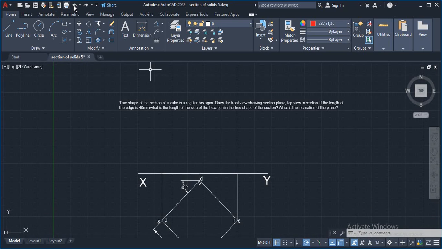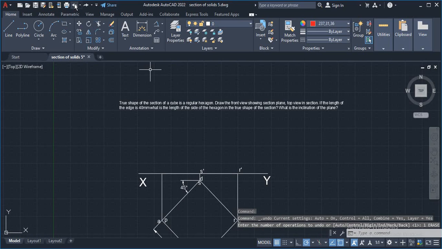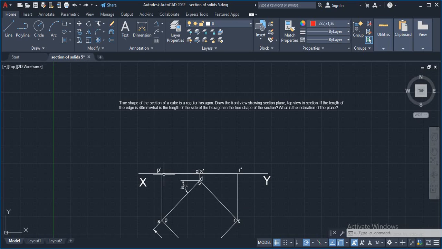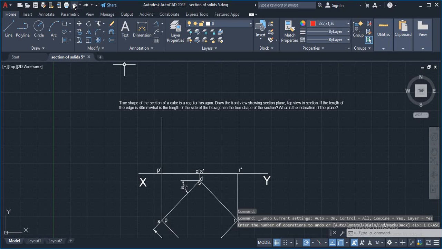So now draw the projection lines and mark the points. So you can see bottom points P dash, Q dash and S dash, R dash. Now from these points draw a vertical line to complete the front view for 40 mm. So this height of the line is 40 mm. So from P dash, Q dash and R dash, mark the points A dash, B dash, C dash and D dash.